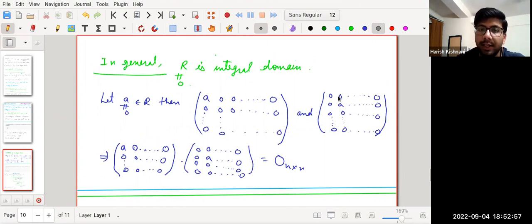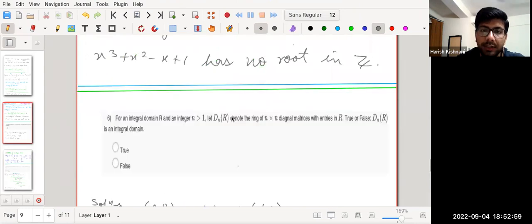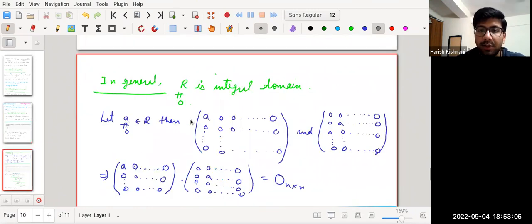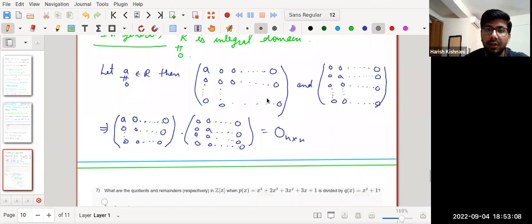We are taking n to be greater than 1, so at least n has to be greater than or equal to 2. So both these matrices are inside your D_n(R).